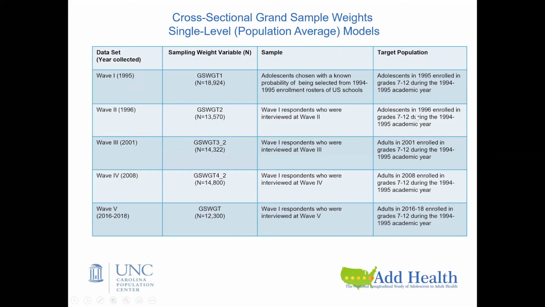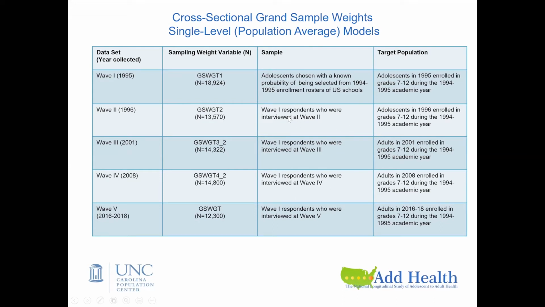And then in each wave, it represents their movement across the life course. So by wave 3, when you're using a cross-sectional weight, you're talking about adults in 2001 who were enrolled in grades 7 through 12 during the 1994 academic year.